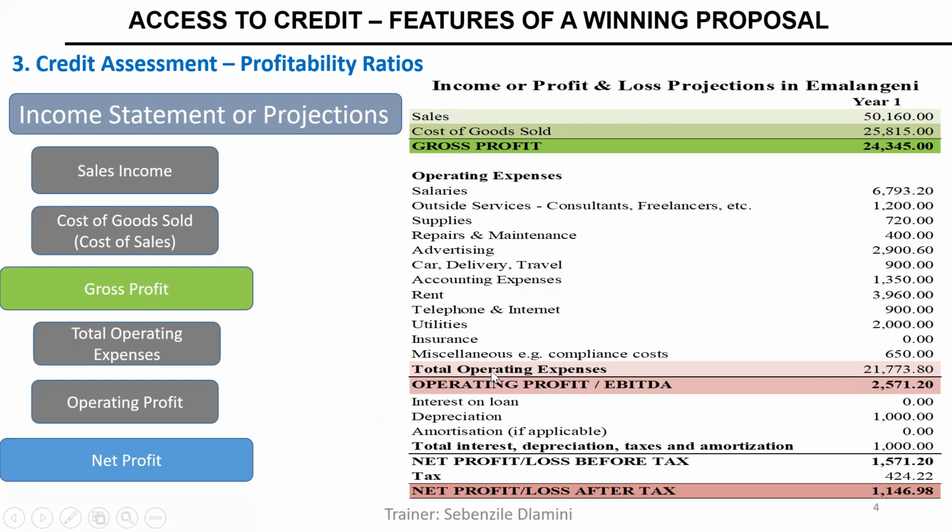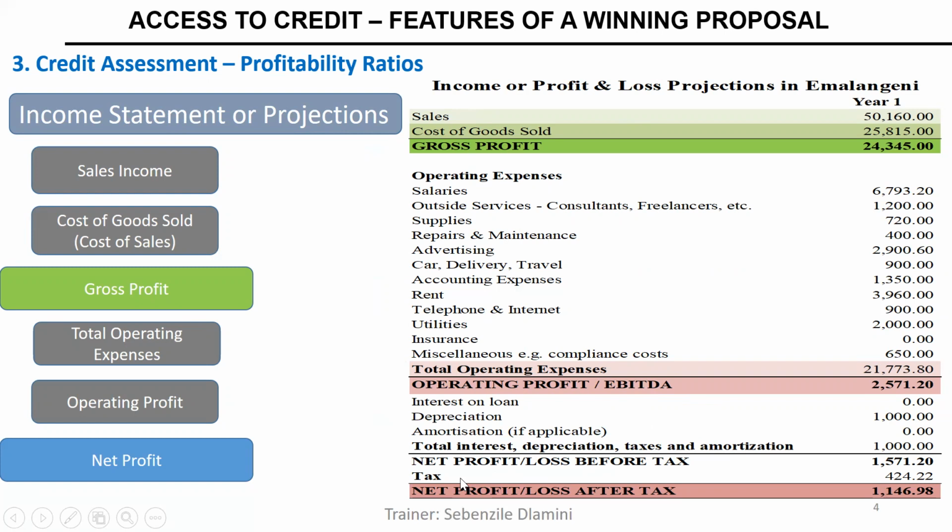When you subtract total operating expenses from gross profit, you get operating profit, which is also known as earnings before interest, tax, depreciation, and amortization. When you subtract the total interest, depreciation, taxes, and amortization from the operating profit, you get net profit before tax.